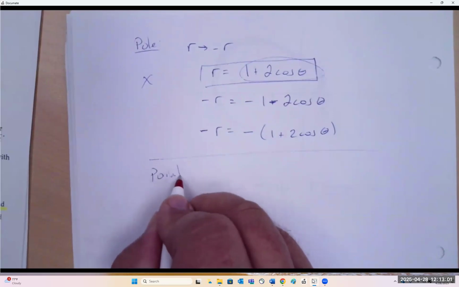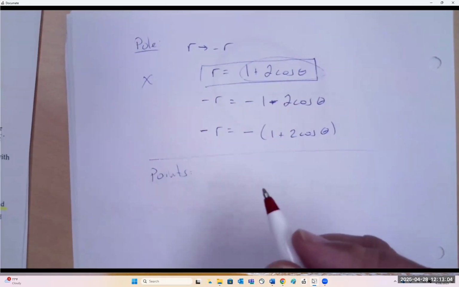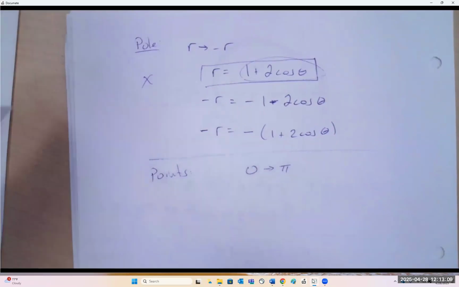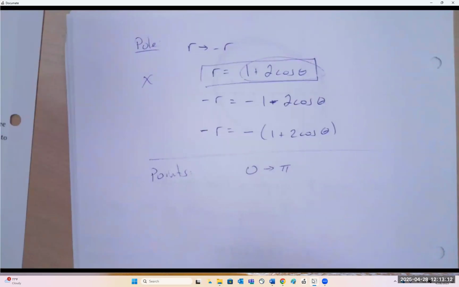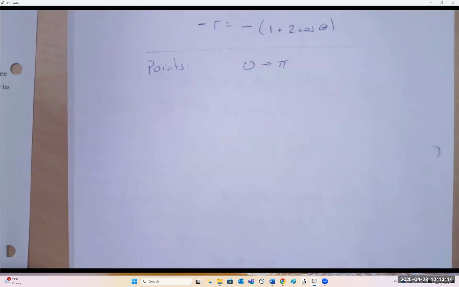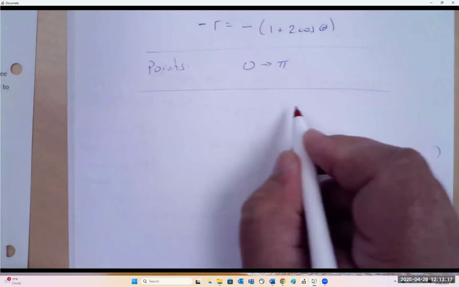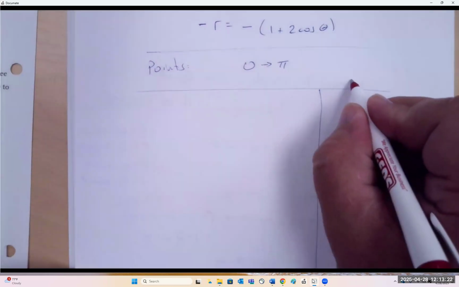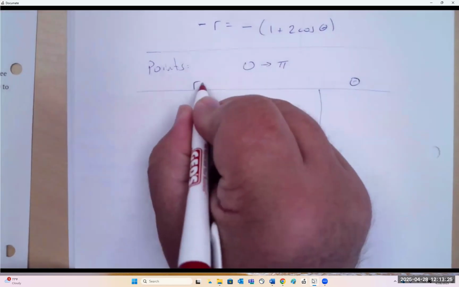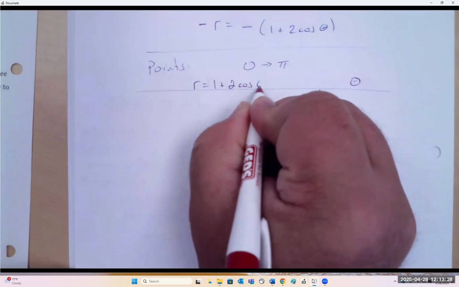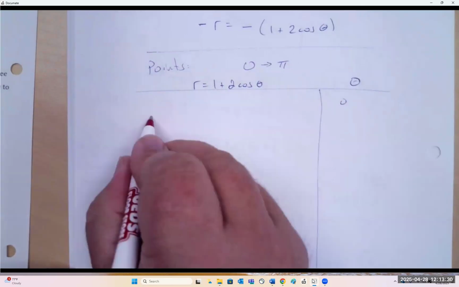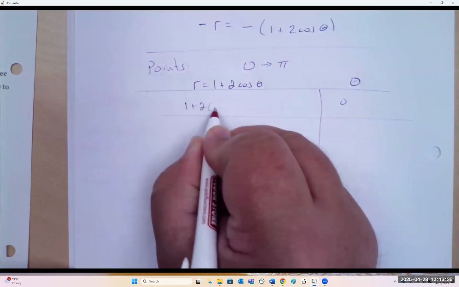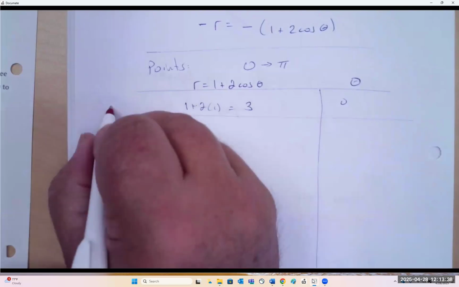Now points. We'll go from 0 to pi again, since it's cosine. Start at 0. So 1 + 2 times 1 is 3.